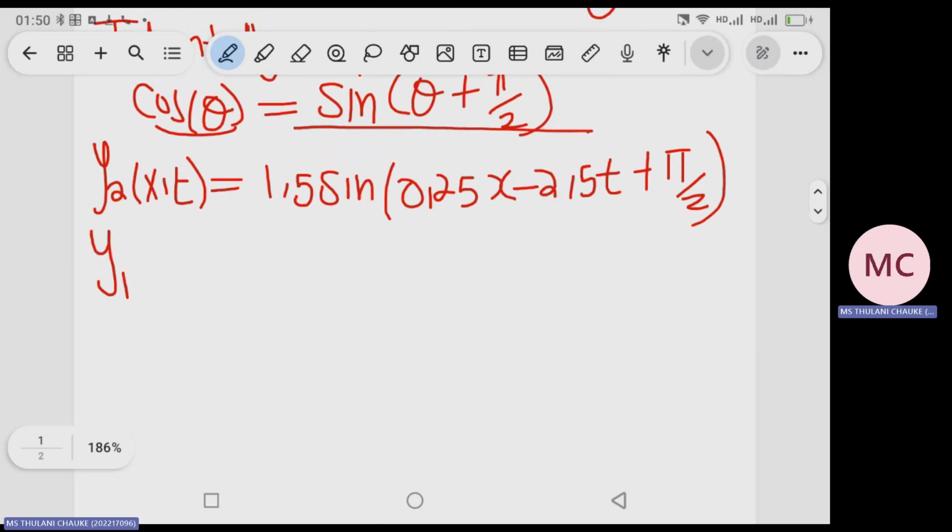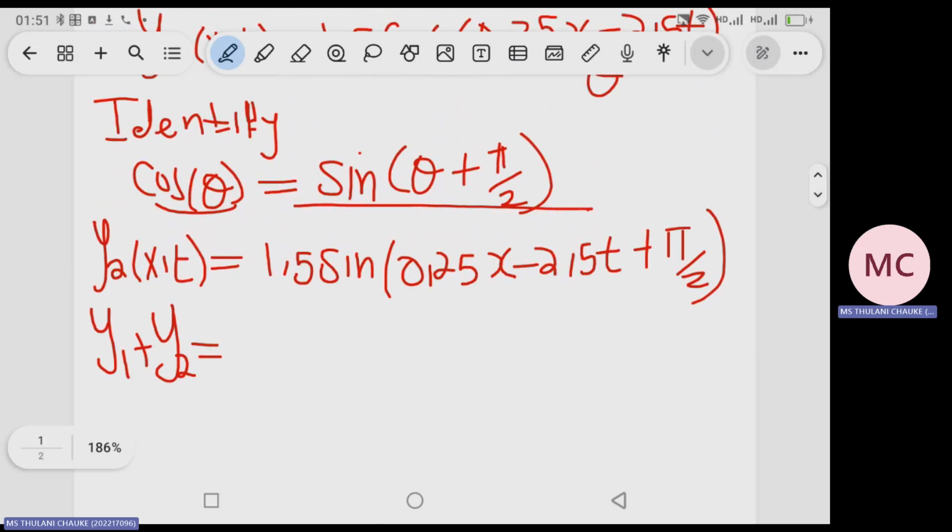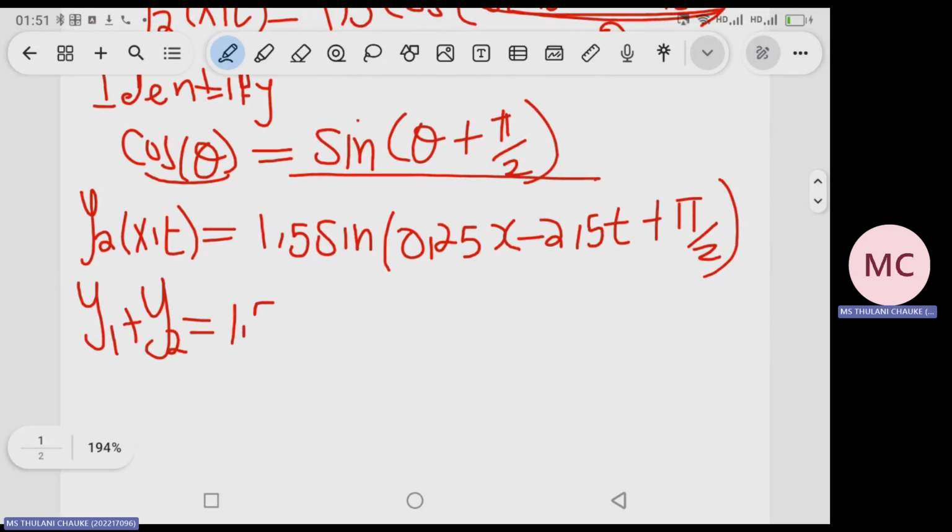Then we'll do the resultant, the superposition of y1 plus y2. So we can take out 1.5 as a common factor.